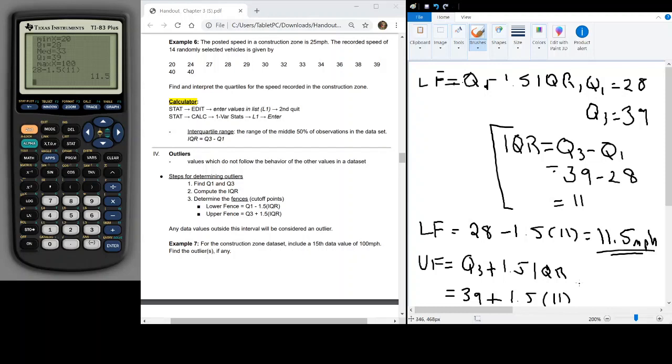Let's proceed to the calculator. So the largest acceptable behavior for the data is 55.5 miles per hour.